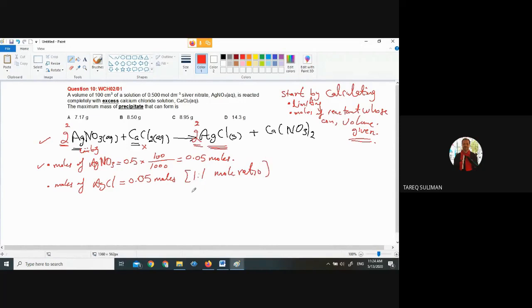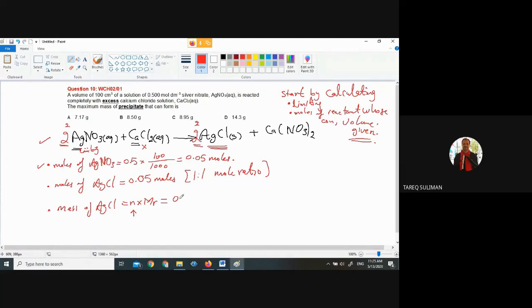After finding the number of moles, then we calculate the mass. What is the mass of AgCl? Always the mass is calculated by only one relation, number of moles times Mr. No other relations. So to calculate the mass, first you need to calculate the number of moles.